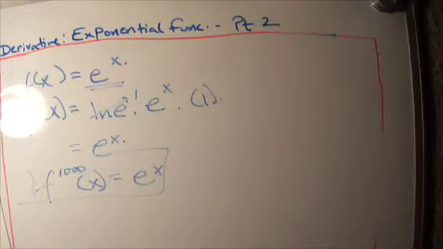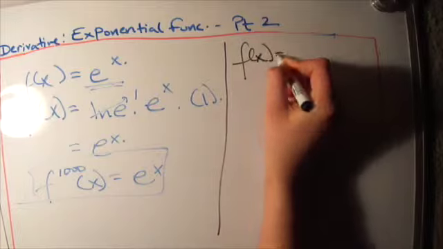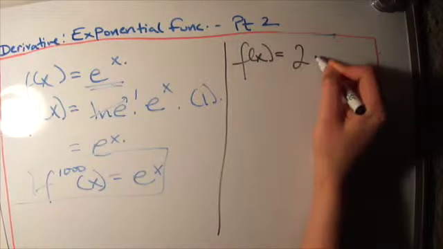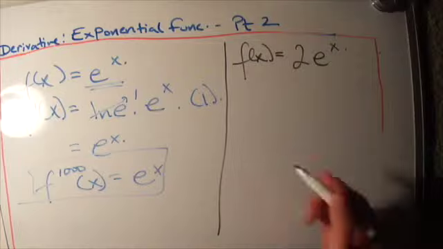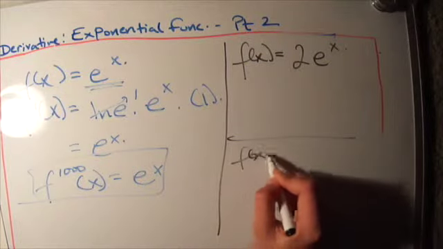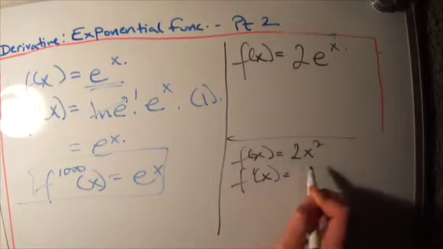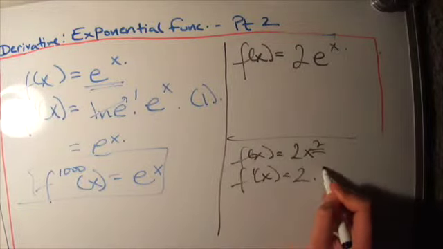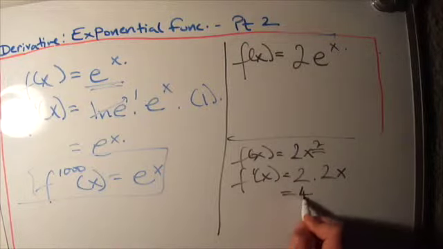Another question, I'll actually do it side by side, is f of x equals 2e to the x. Now when we have a function like this, it's going to be exactly similar to how you would attempt a question like this. So the derivative of this function would be 2 times 2x, right? So this is 4x.